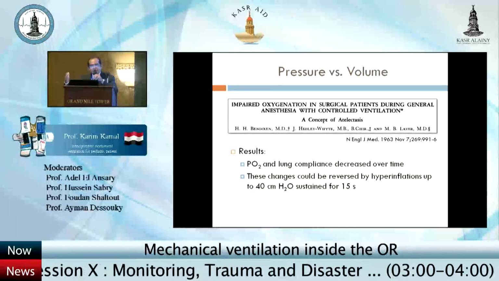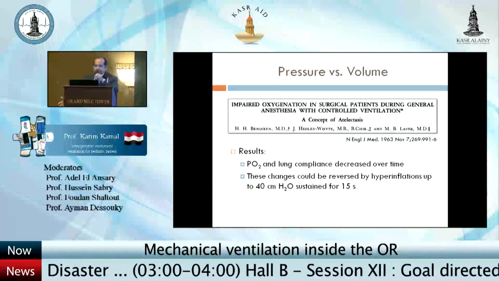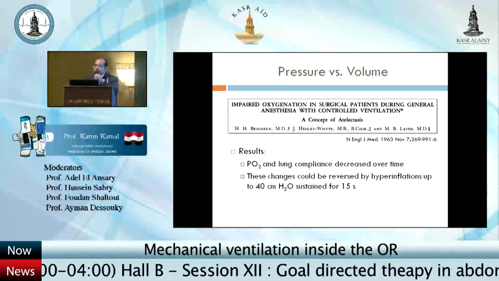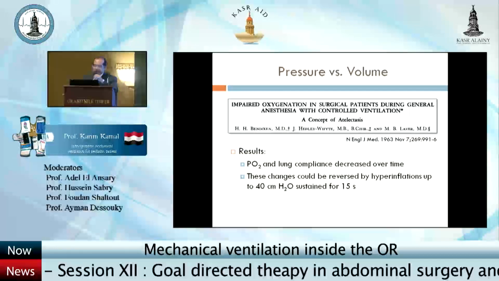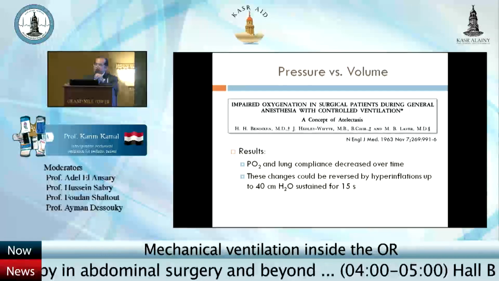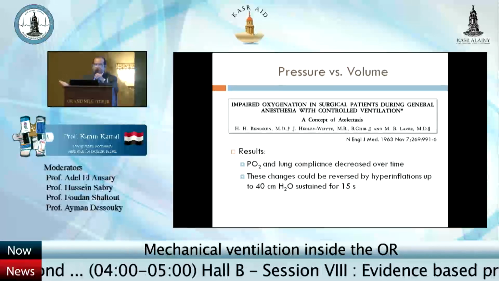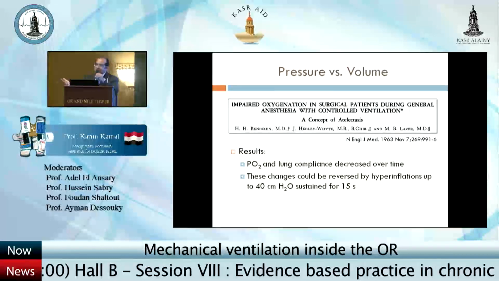As the surgery went on, their PO2 and their lung compliance went down. And these changes could be reversed by hyperinflations of up to 40 centimeter water sustained for 15 seconds.